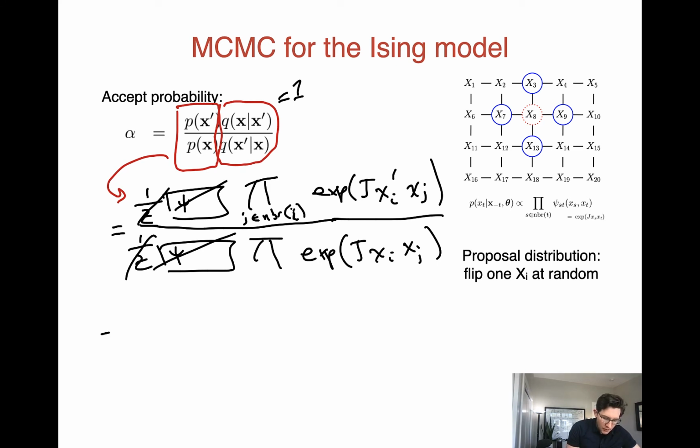Okay, so let's keep going. Notice that we have the same product on the top and bottom here, and it's a whole bunch of exps. So we can pull the exp out front, and the product turns to a sum.